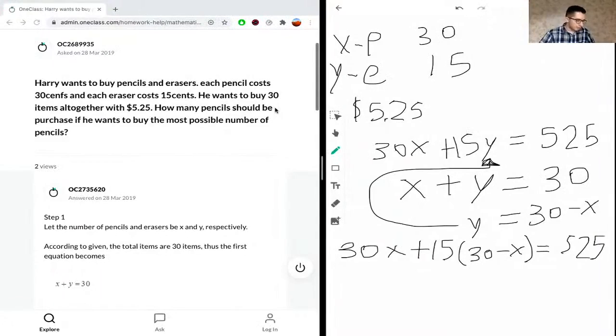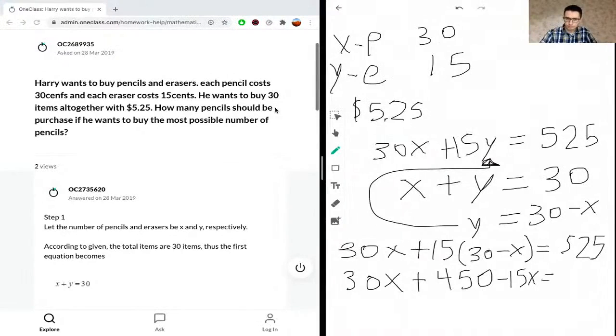The next value that we want to solve is, we want to expand this out first. So 30x plus, so 15 times 3 is 45, and then we add the 0, so 450. And then 15 times negative x is negative 15x.